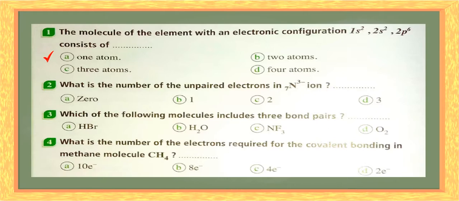So it needed to gain 3 electrons, and by gaining these 3 it becomes an ion carrying a negative charge, N negative 3. So here there are no unpaired electrons, so the unpaired electrons equal 0.